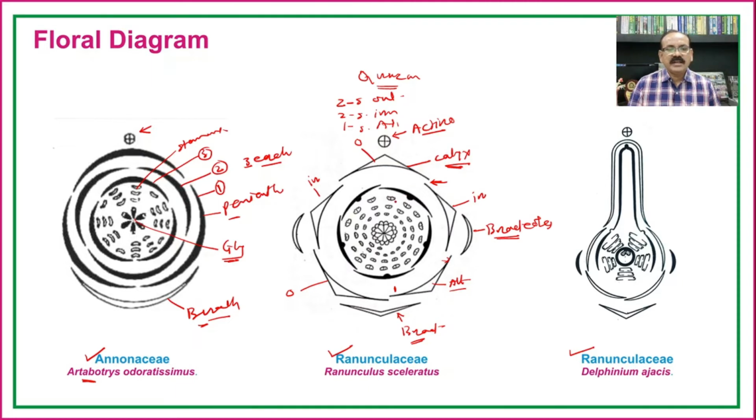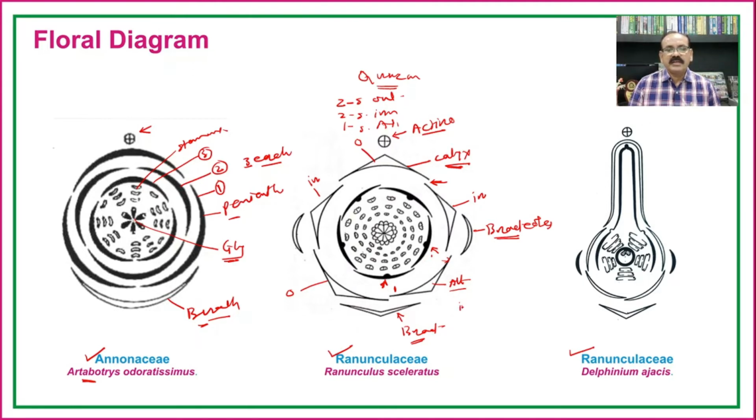In the similar manner, in the petals also, you will find that out of these, this is completely inner and this is completely outer, and rest of the three are alternate, that is one side is outer and another side is inner, and hence one petal is completely outer and one petal is completely inner.